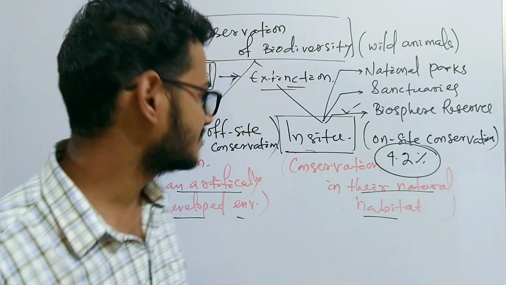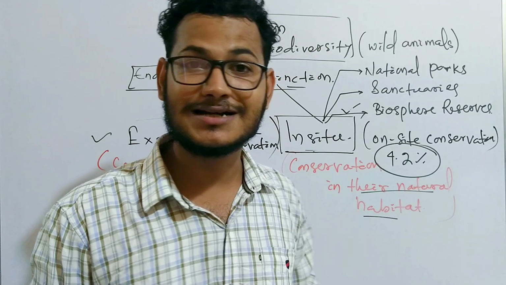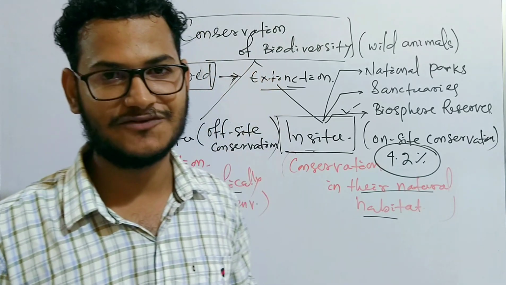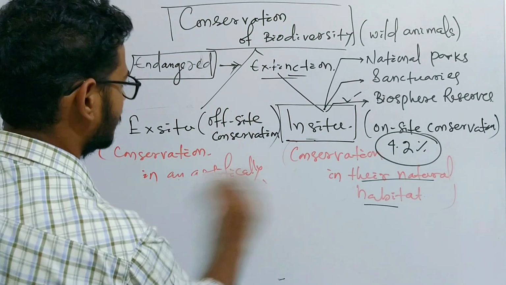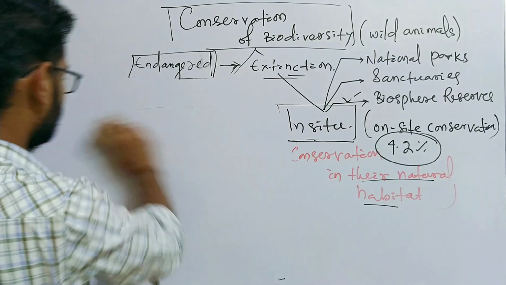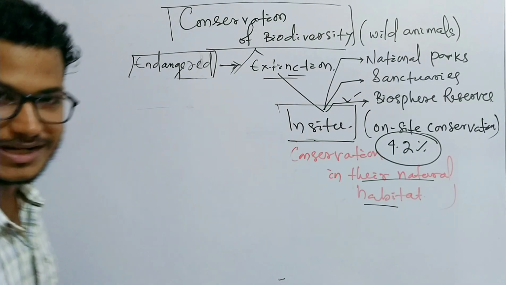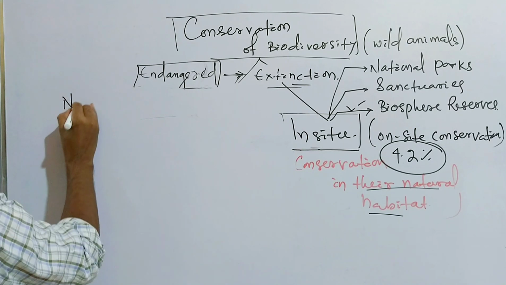So, my dear friends, let's discuss one by one these three important means of in-situ conservation. Let's start with national parks. In in-situ conservation, the most important and highly protected areas are the national parks.